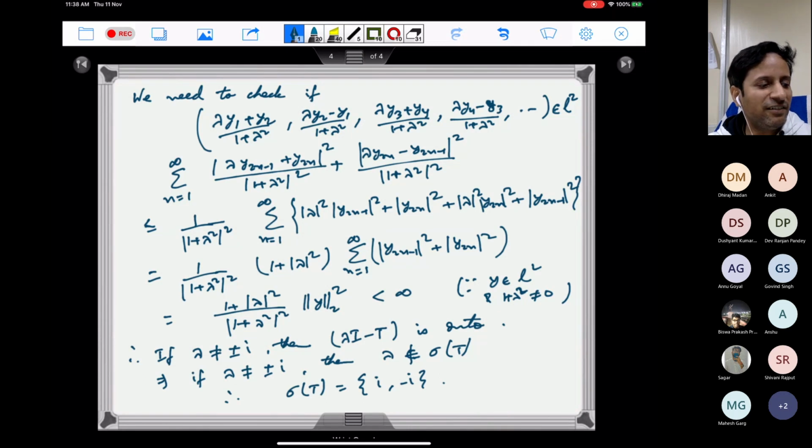But if you are in the space L2 or L infinity, then you have a restriction that lambda cannot be any number. If mod lambda is bigger than 1, then that vector is not in that space. Therefore, it is not an eigenvalue if lambda is that.